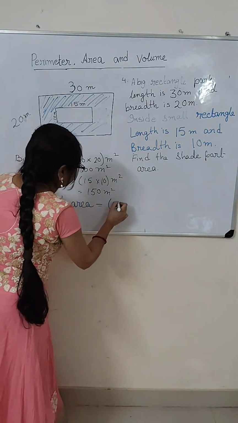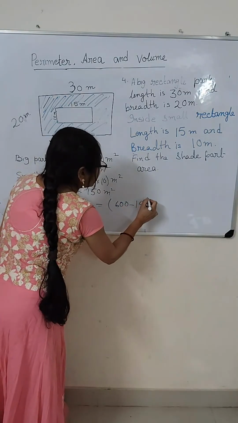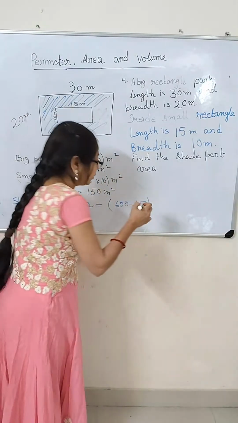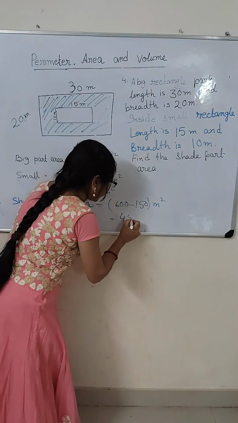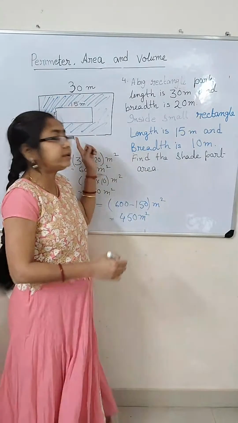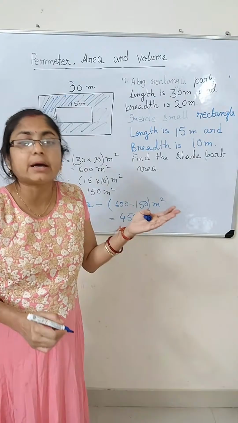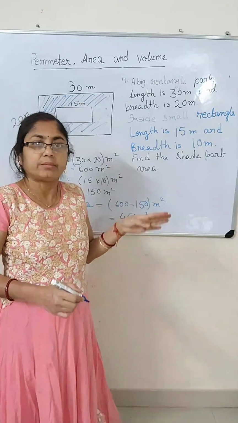So ours is 600 minus 150. You should write the same unit. It is meter square, means 450 meters square. Okay? Shaded part is also an area, so you should carry the same unit, meter square.